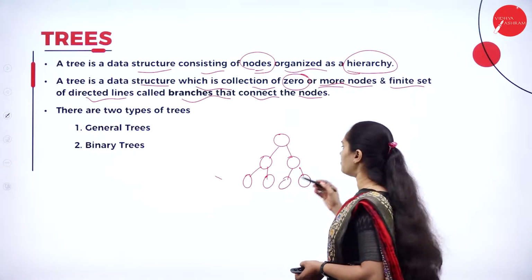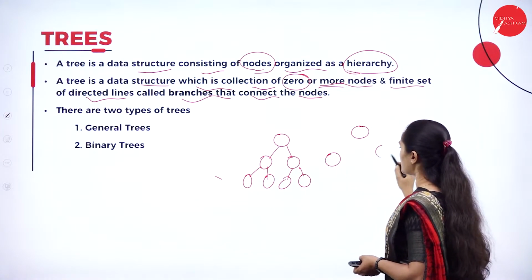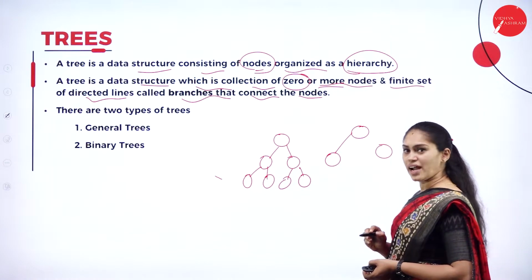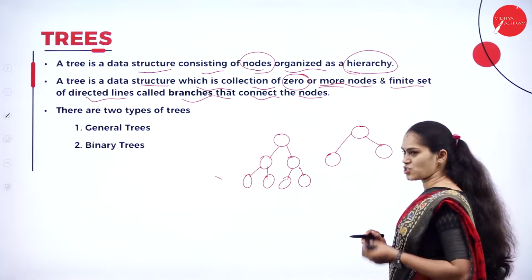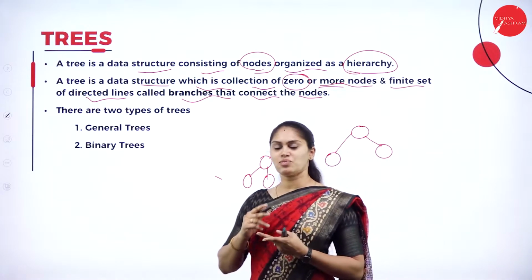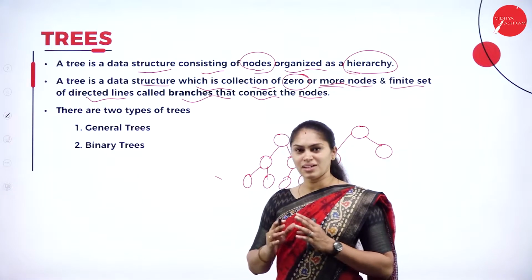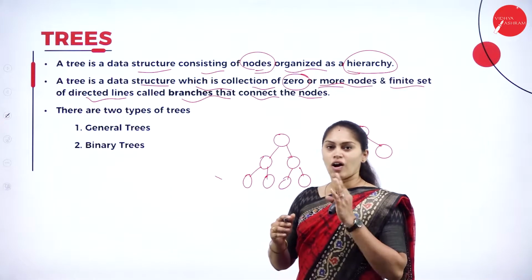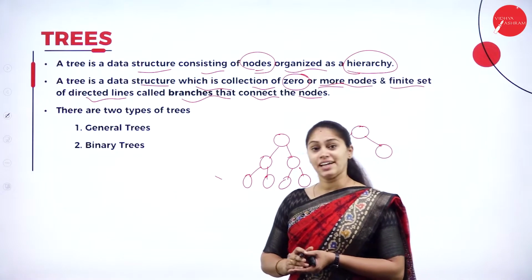If I want to have a connection between the different nodes, then we require an edge. Edge is also considered as what? Branch. So we have branches, we have leaves, we have a root. So all the normal terminologies with respect to trees are also going to be there in the tree data structure.